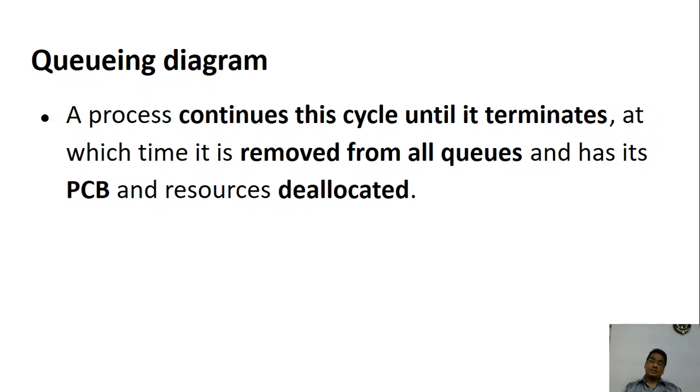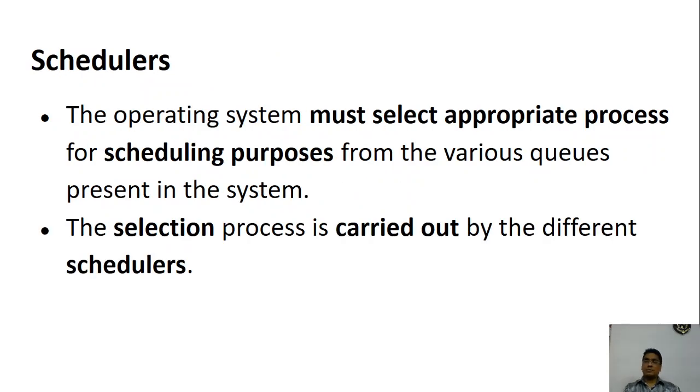Once the instructions are executed, the process is removed out of the queue. The process control block which was allotted to it will be deallocated and given to some other process.